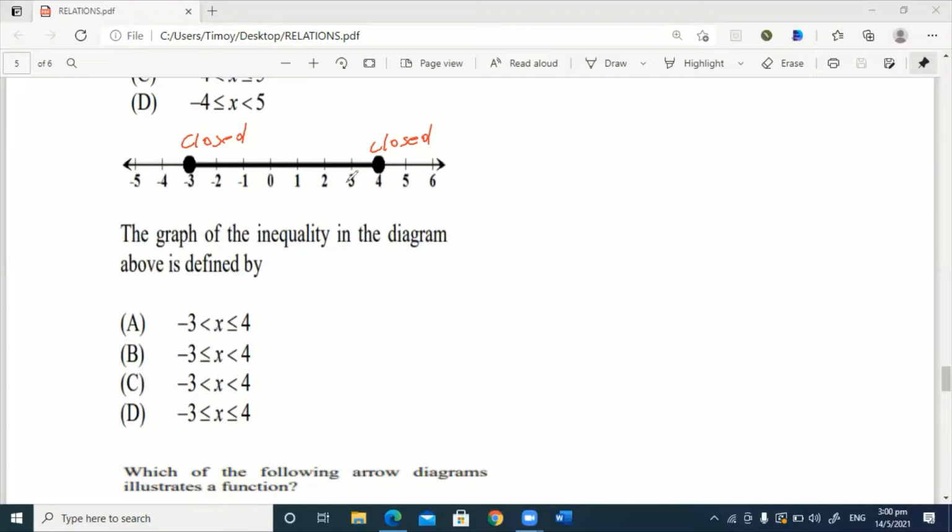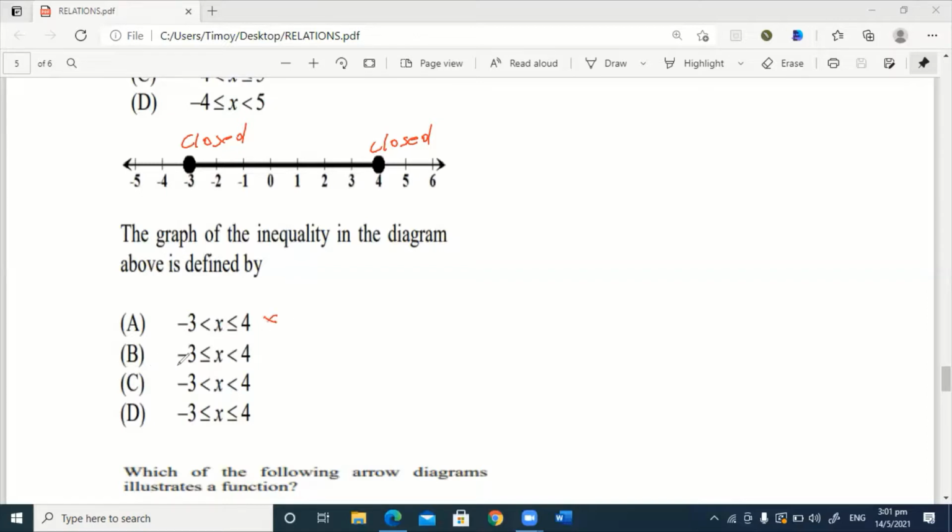And if you look from 4 coming down, you can see that 3, 2, 1, 0, -1, they are all numbers that are less than 4, and 4 is also equal to itself. So would A be the answer? No, it would not be the answer here because you can see it is not accounting that this circle is closed. It is saying that x is greater than -3. So A would not be the answer.